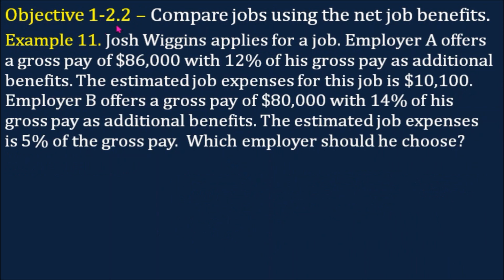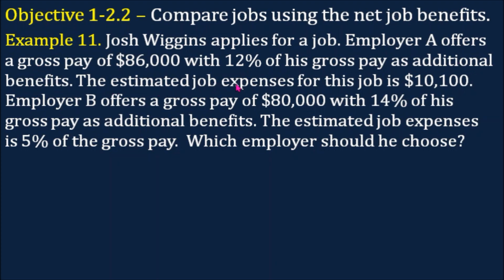Objective 2.2 or objective number 5. Compare jobs using the net job benefits. Example number 11. Josh Wiggins applies for a job. Employer A offers a gross pay of $86,000 with 12% of his gross pay as additional benefits.